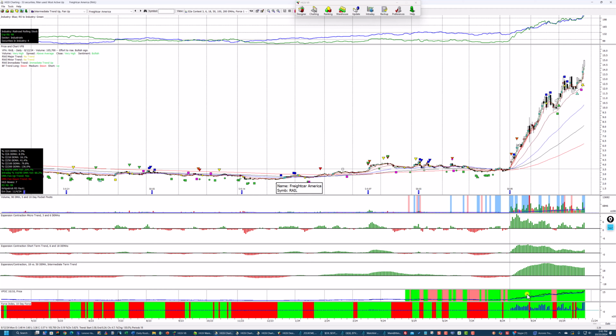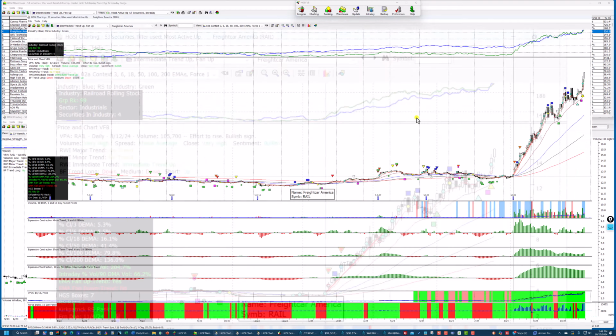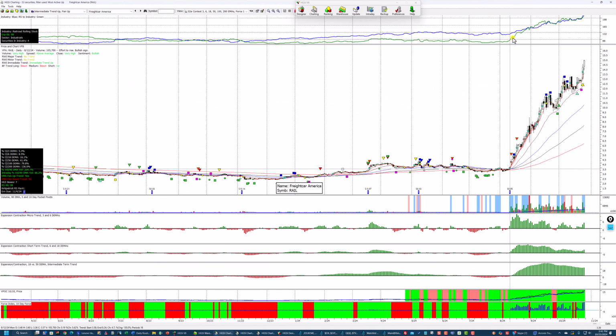But even after this fan established itself, it was clear back here, it has gone up exponentially. Look up here at this. This is the group, the blue line, and look at the green line going up more than the blue line, which tells us that this stock has been outperforming its group.